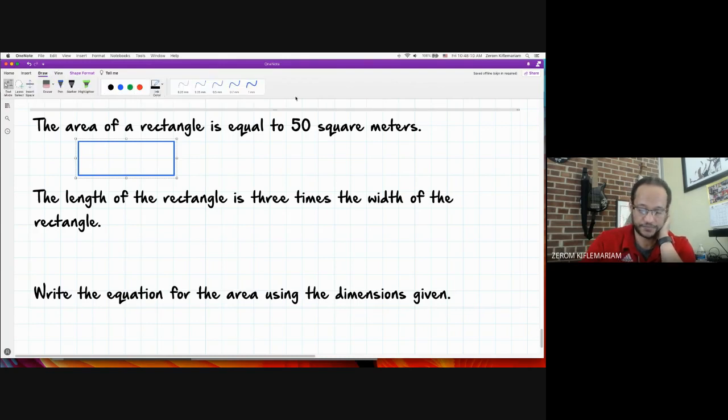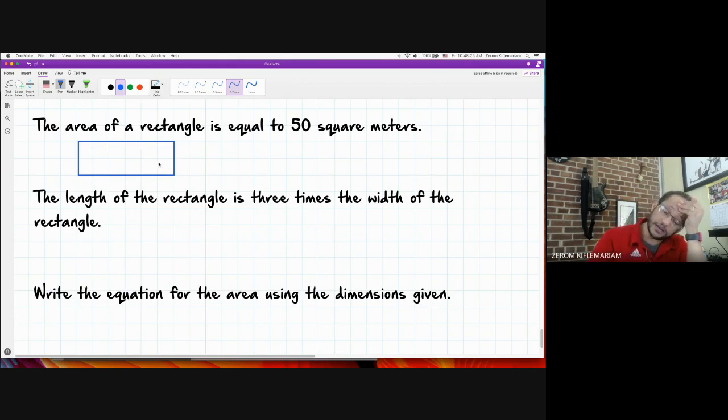So when we are talking about a rectangle, this should be in the back of my mind. When they say rectangle, I need to know it is a four-sided figure, and there are two things about a rectangle.